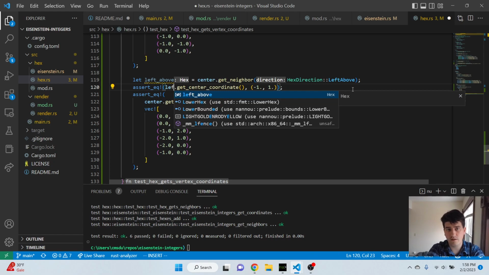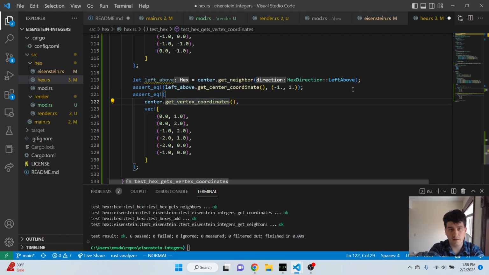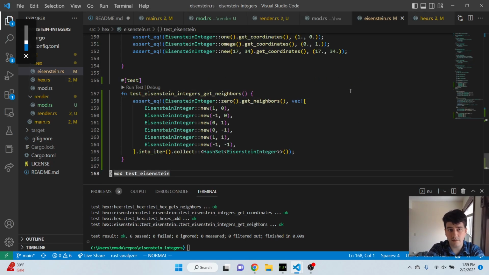This needs to be left above. And this needs to be left above. Okay. And then Eisenstein. Probably just gonna do a get ordered neighbors kind of thing.